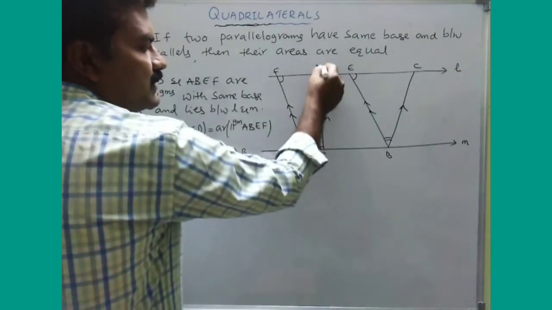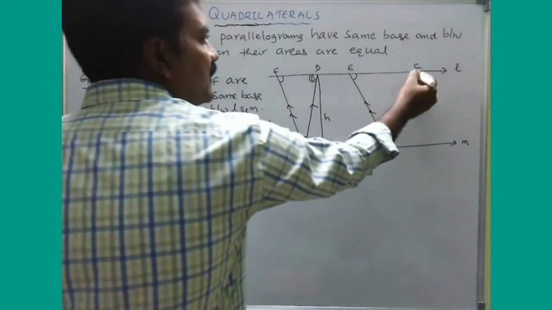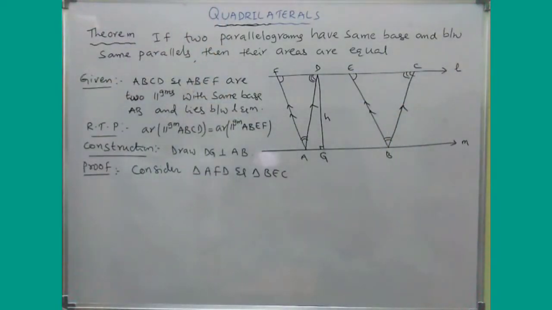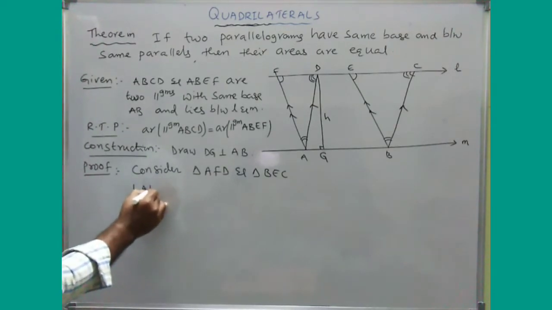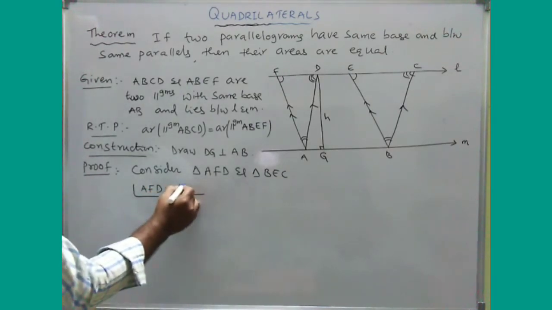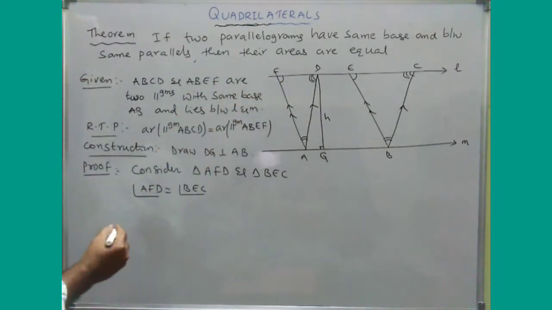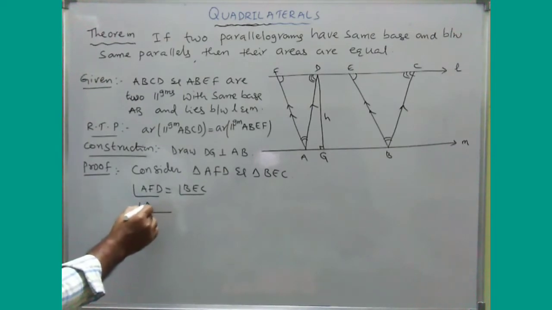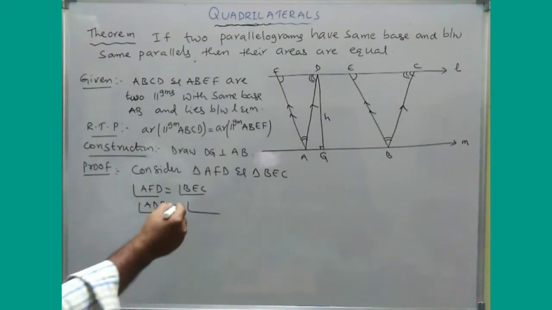And even AD is parallel to BC, and this angle is also equal to angle C. Therefore angle AFD is equal to angle BEC, corresponding angles. Even angle ADF is equal to angle BCE.